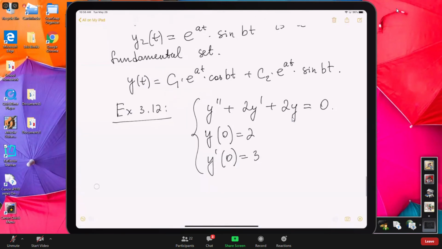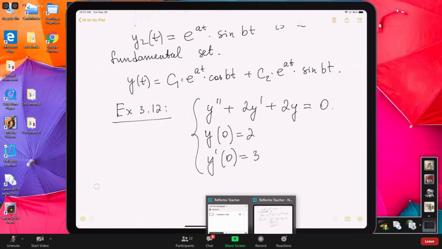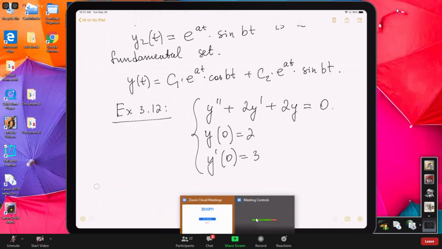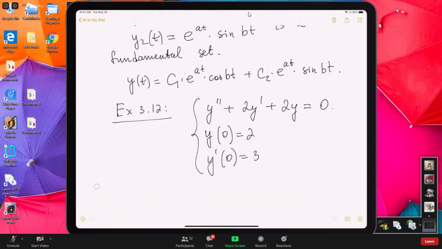So you need to construct the general solution and use initial conditions to find c sub 1 and c sub 2. So again, should be about maybe 2-3 minutes or maybe a little longer. So let me start breakout rooms. Again, please work with your classmates. I think this is very important.